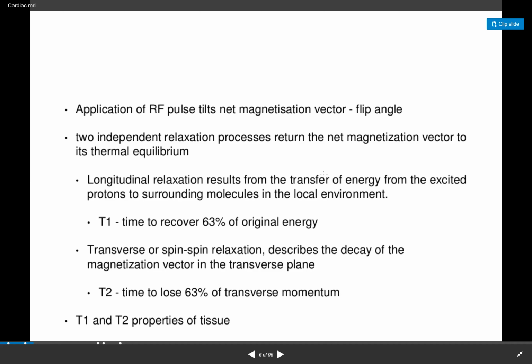This signal has to resonate with the proton frequency, which is around 64 megahertz. When it resonates with it, it can flip this axis to something like this, change an angle.